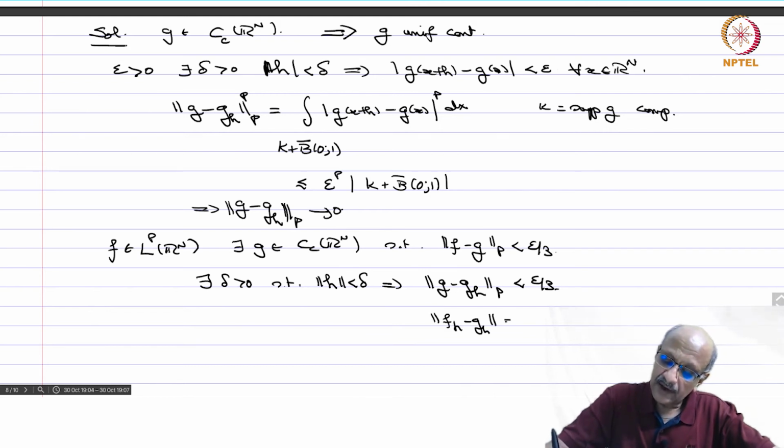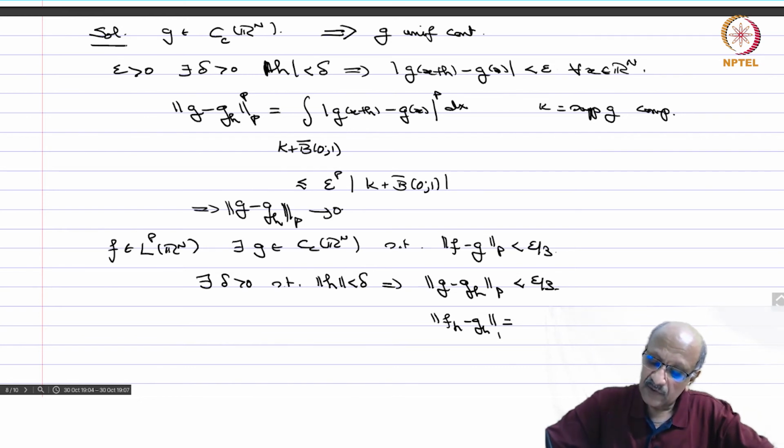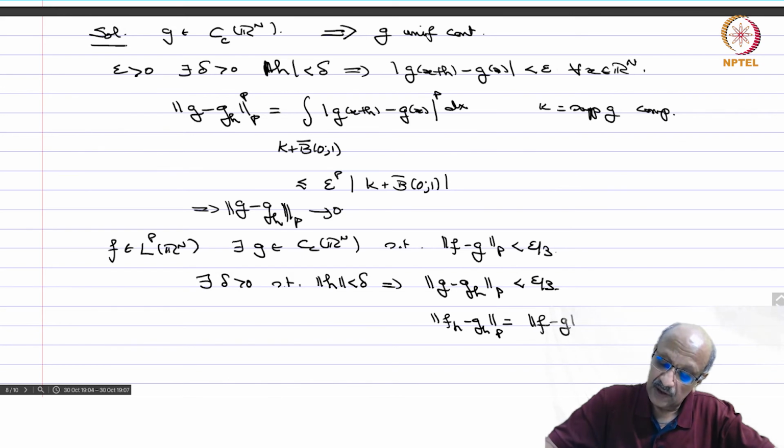You are translating both of these, so by the translation invariance of Lebesgue measure, this is nothing but the norm of f minus g in L^p, and therefore that is less than epsilon by 3.